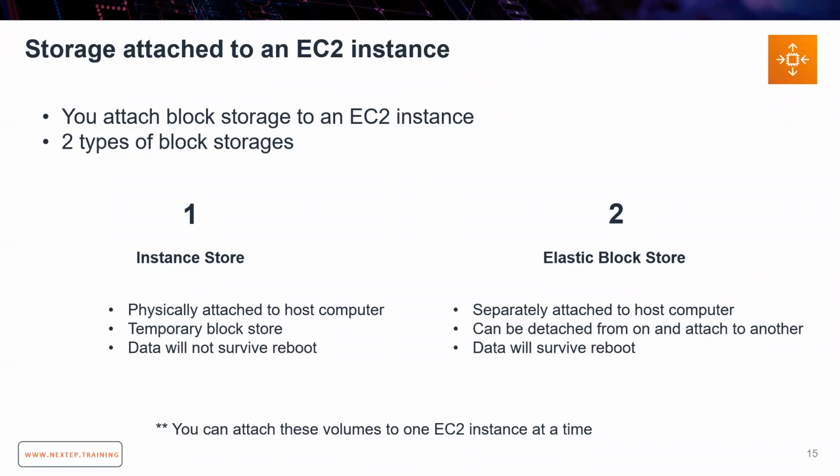So there is a third type. It's not really a block store. It's a different kind of storage mechanism. We'll talk about it later. It's called elastic file storage, EFS. With EFS, tens of thousands of EC2 instances will be able to write and read concurrently. This is like multiple Unix machines having a shared file system, like an NFS mount.